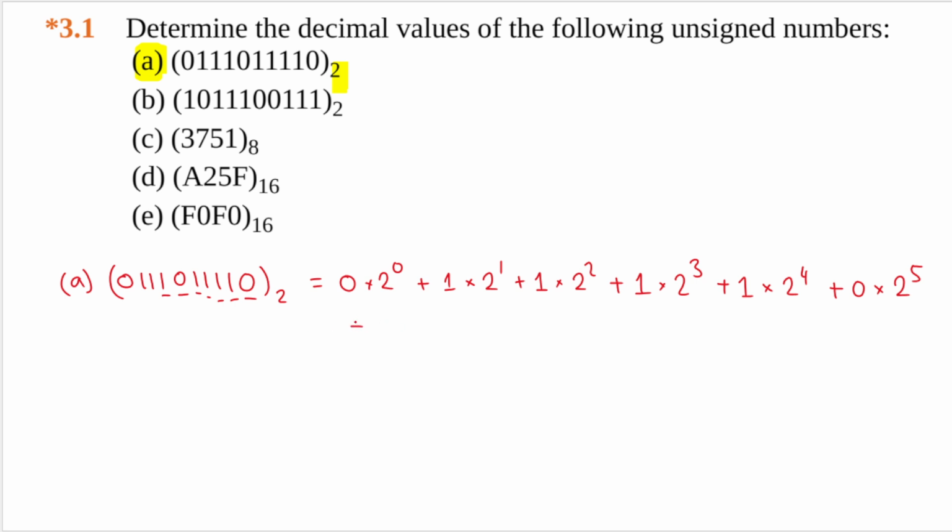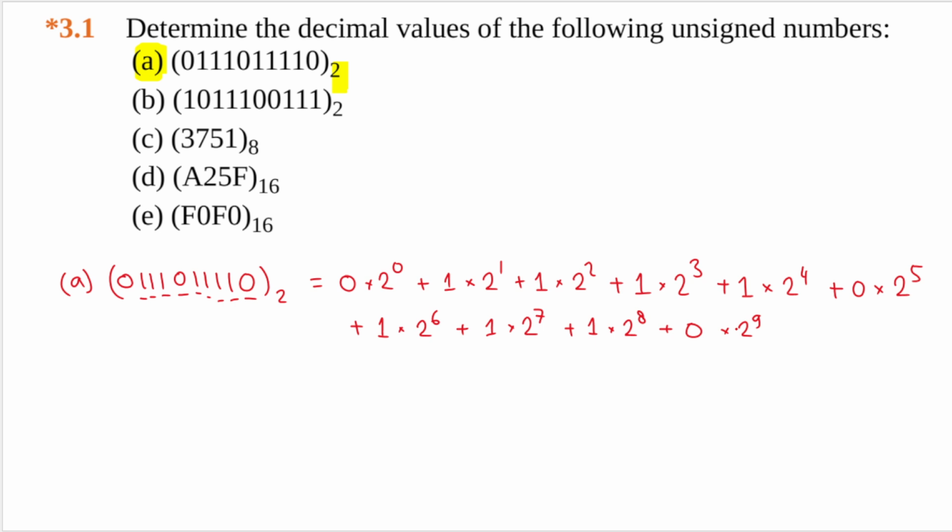So we have plus 1 multiplied by 2 to the 6, and then 1 multiplied by 2 to the 7, and then here 1 multiplied by 2 to the 8, and then 0 multiplied by 2 to the 9.